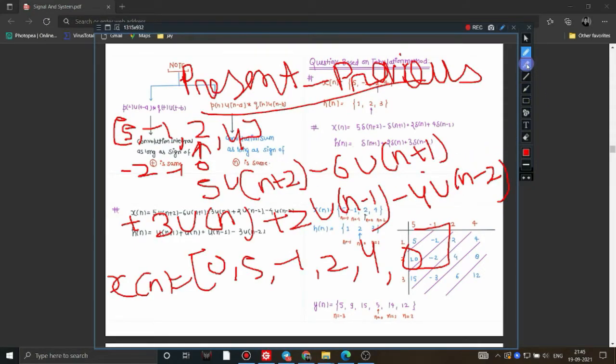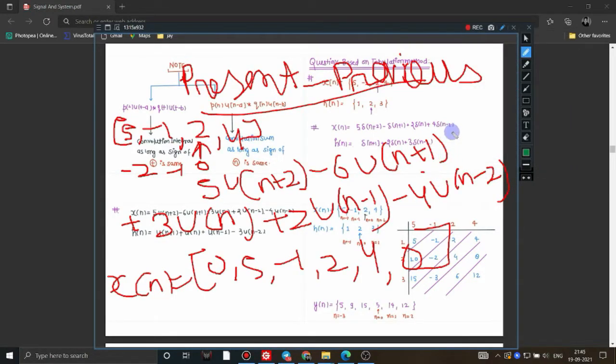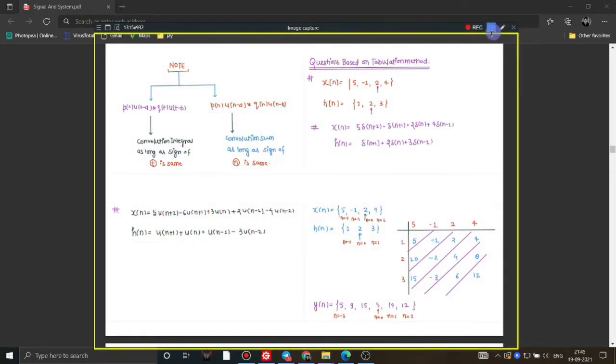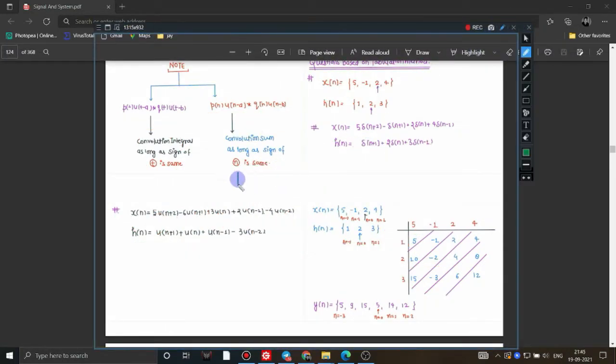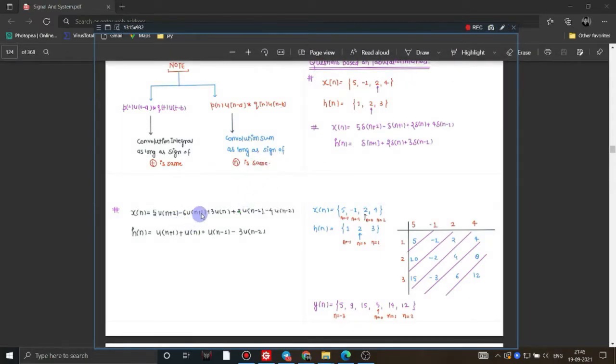So this is the equation. I hope you understand that. The basic is present minus previous.